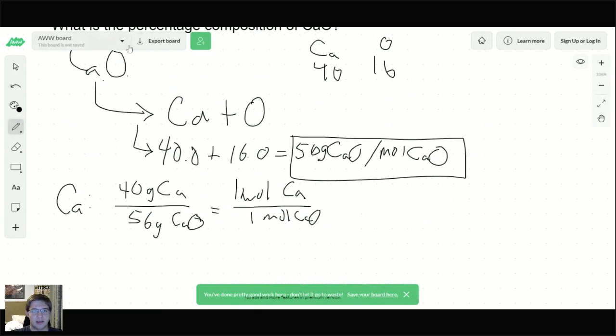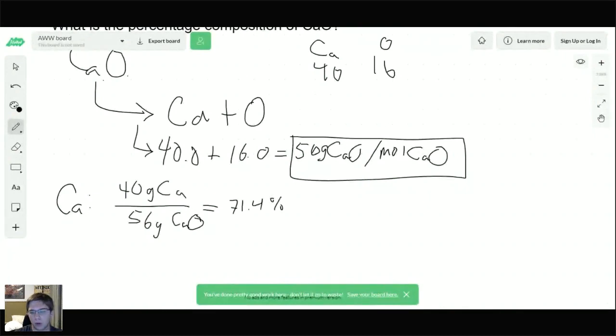We're looking for the mass of that substance in one unit of the compound. So this is going to come out to 40 divided by 56, which gives us 71.4%.